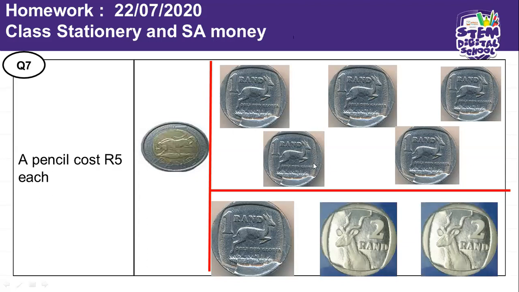We used five 1 rand coins, and this one here we used 1 rand, 2 rand, and another 2 rand. Do you think there's also another way to pay for your pencil, besides the way that you have mentioned?